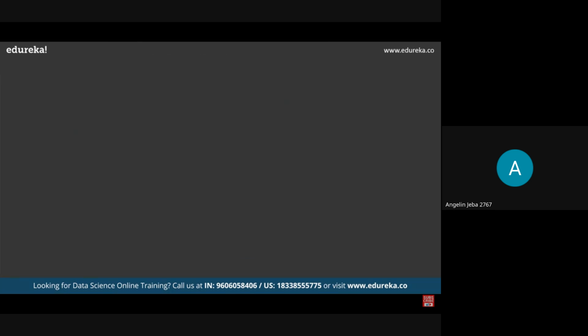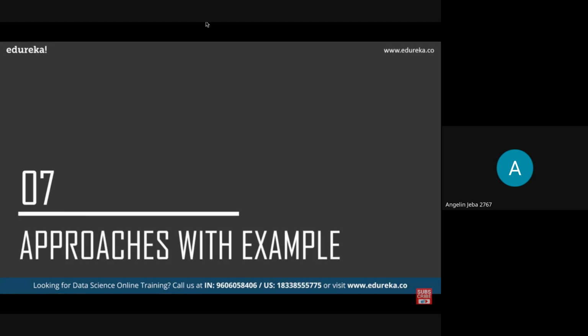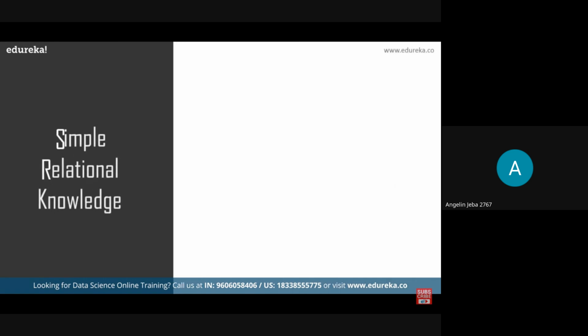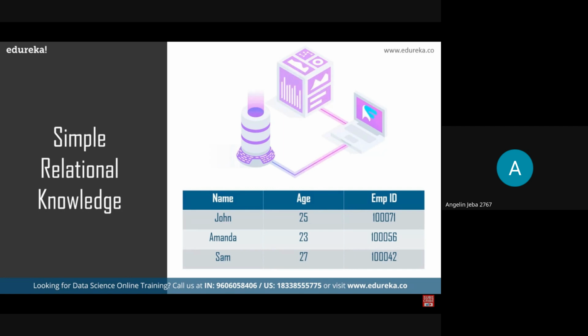Now, let's understand some of the approaches of knowledge representation with examples. So the first approach is simple relational knowledge. Now, this is the simplest way of storing facts, which uses the relational method. Here, all the facts about a set of objects are set out systematically in columns. Also, this approach of knowledge representation is famous in database systems where the relationship between different entities is represented.